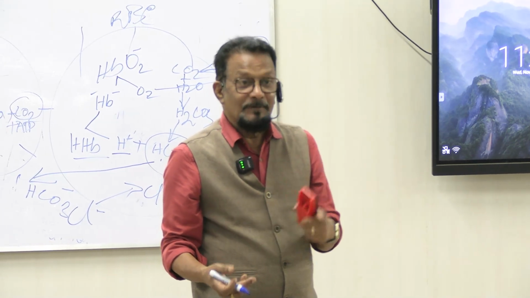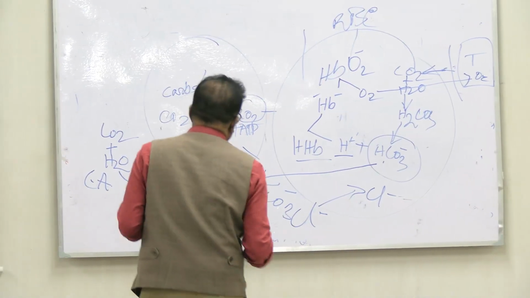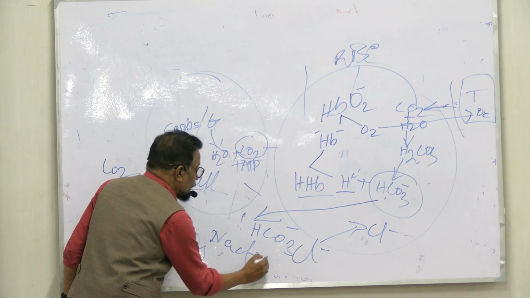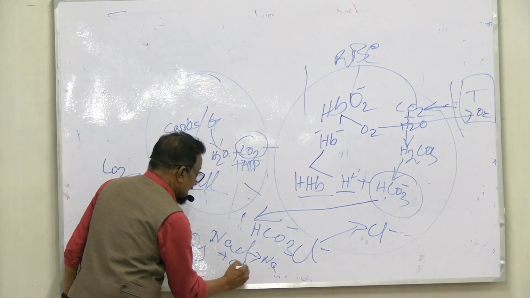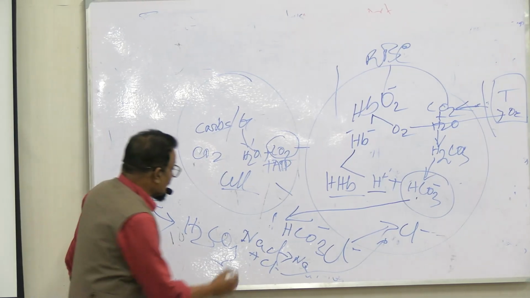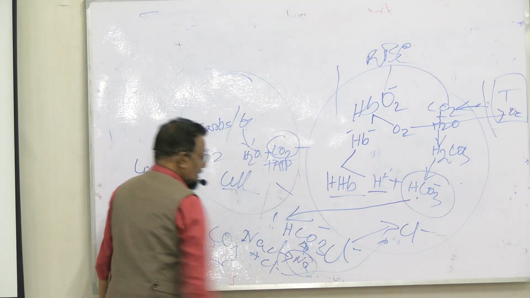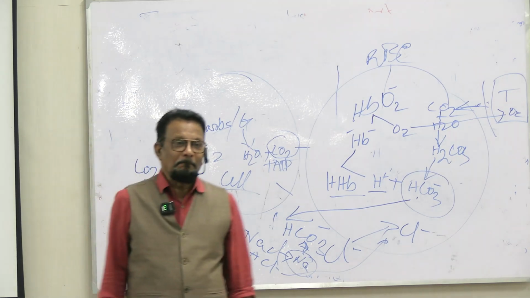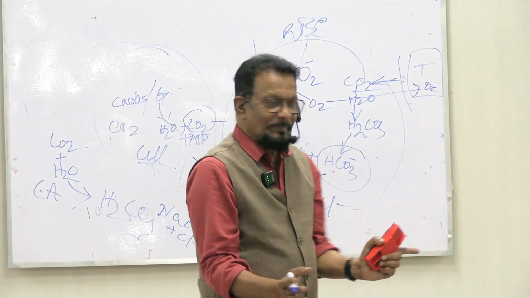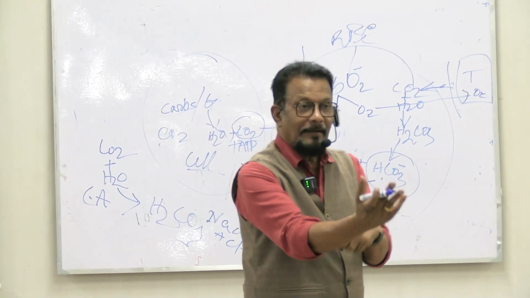There are sodium chlorides. This sodium chloride dissociates into Na plus and Cl minus, and this Cl actually entered here, and now this sodium will combine with bicarbonate and form sodium bicarbonate. So in this way, these are the phenomena at the tissue level.